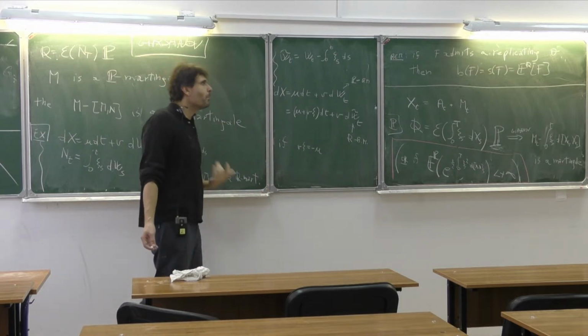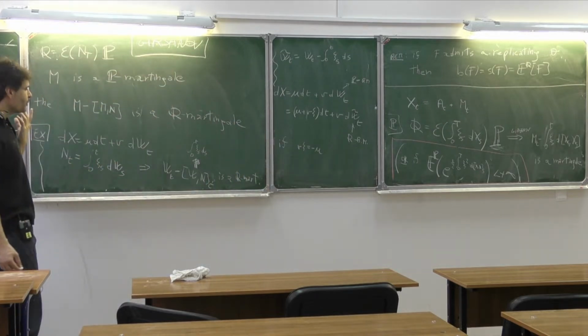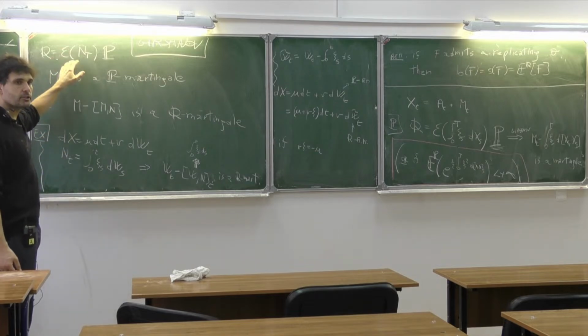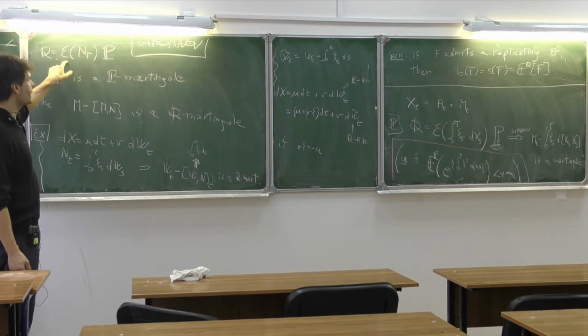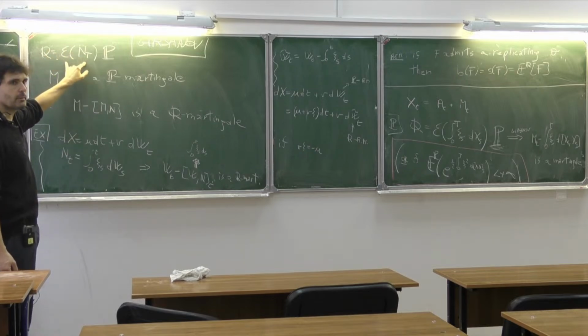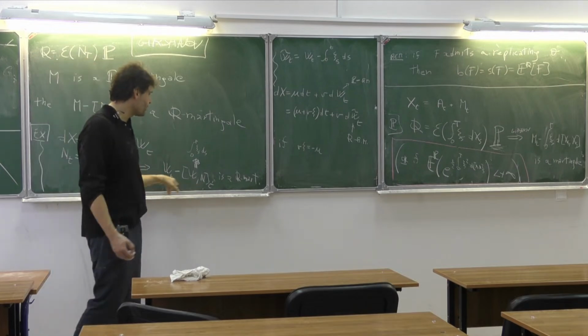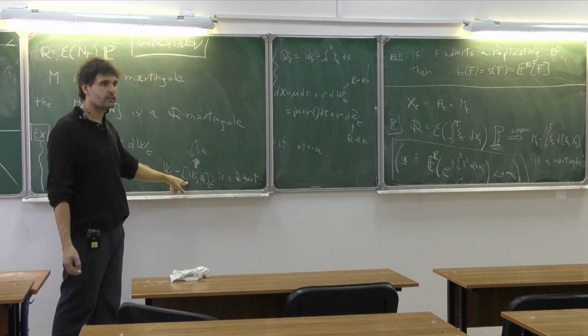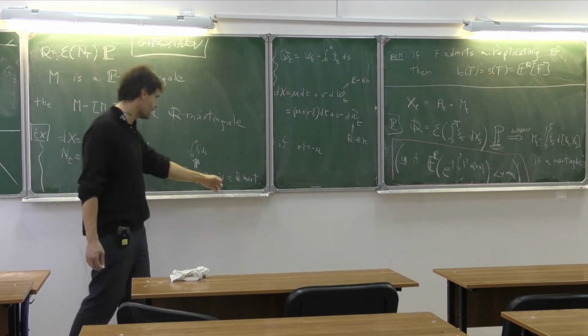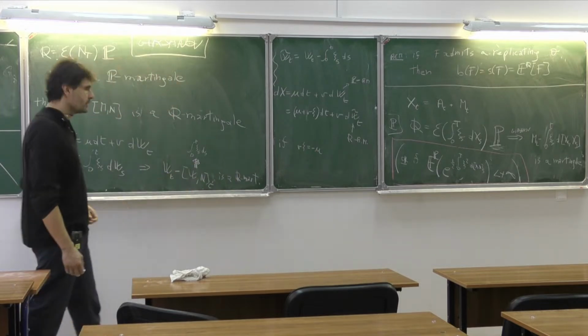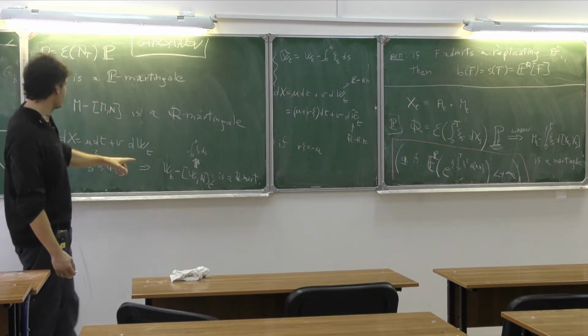Girsanov tells us that there is only one way to do it, and that is an exponential change of measure, so to write the Radon-Nikodym derivative as a stochastic exponential, and then it also tells us how the process changes under this change of measure. So who stays a martingale? New martingales are old martingales minus the cross quadratic variation of exactly the density and the original martingales.